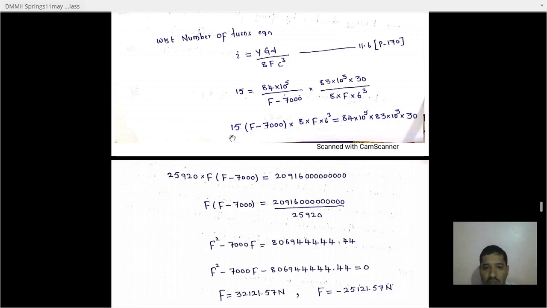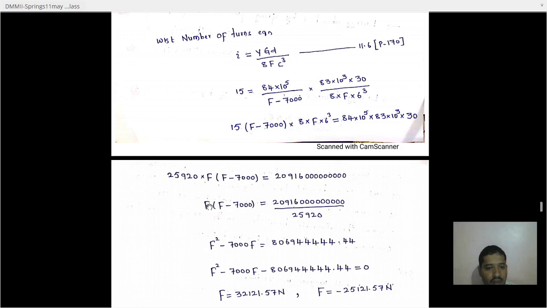Just multiply the terms 15 into 8 into 6 cubed, then you will get 25920 into F, then F minus 7000 equals, if you multiply the whole value, 20916 0 into 10 power of 9.